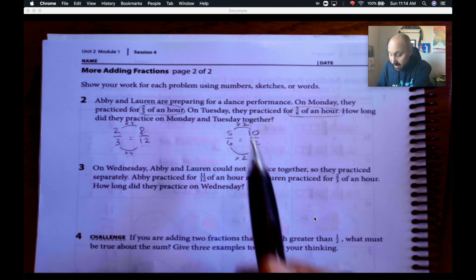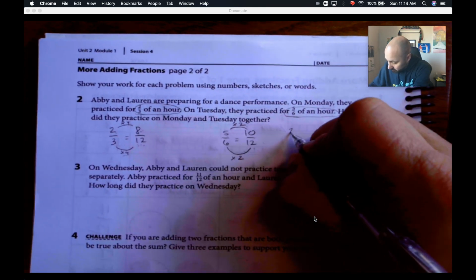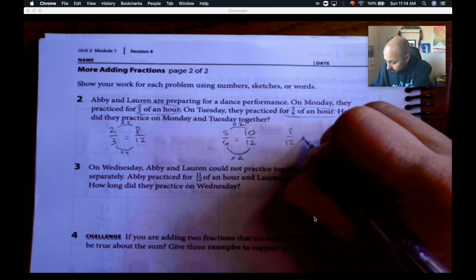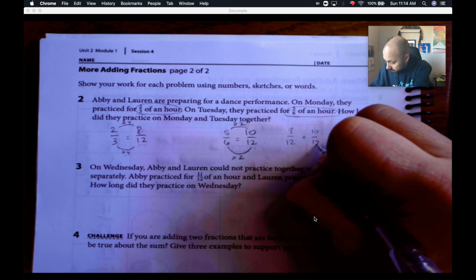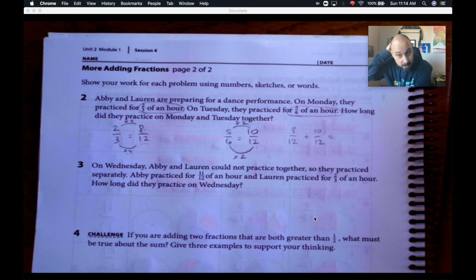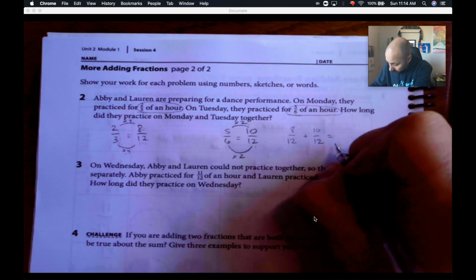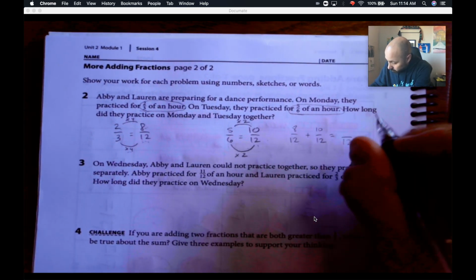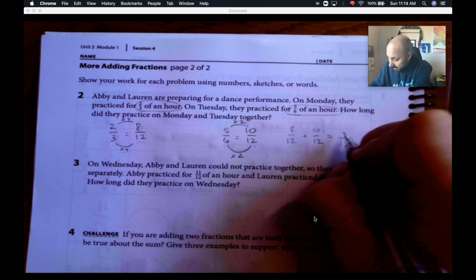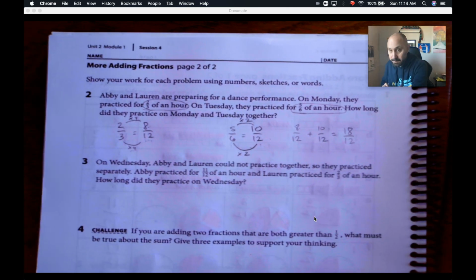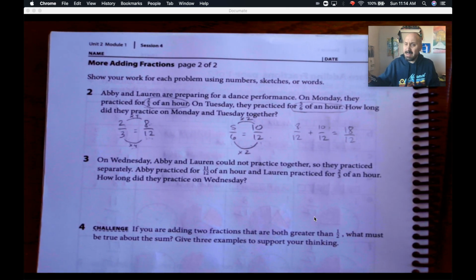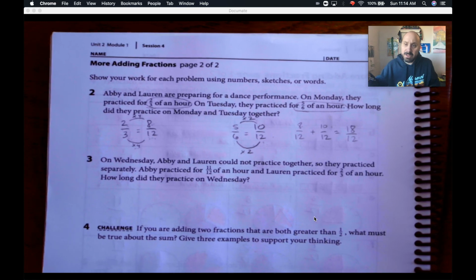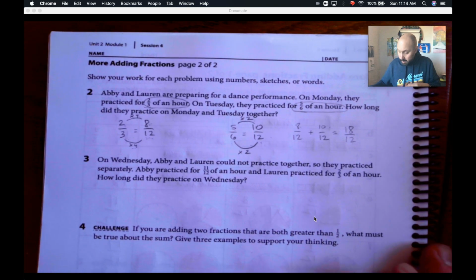Now I can add 8/12 plus 10/12. The 12 will stay the same because it's out of that whole 12ths, but I need to add 8 plus 10. 18/12, but that doesn't tell me how much time has elapsed. That just gives me the fractional piece out of twelfths, right?